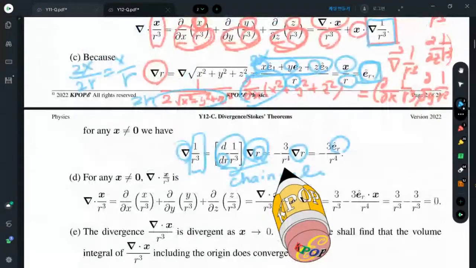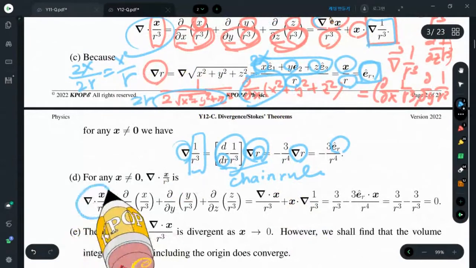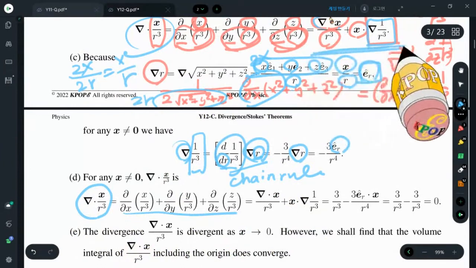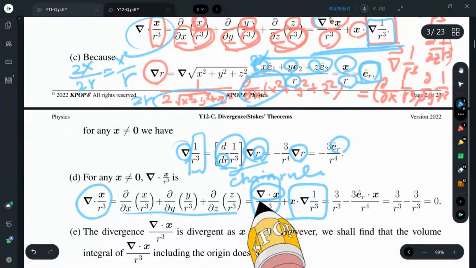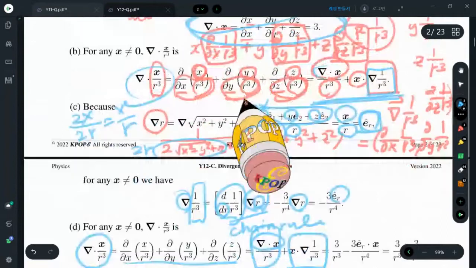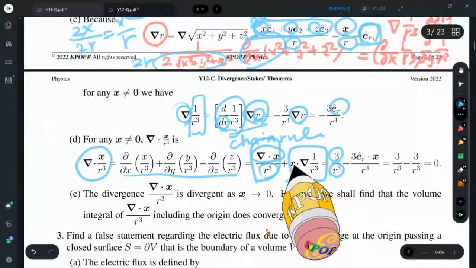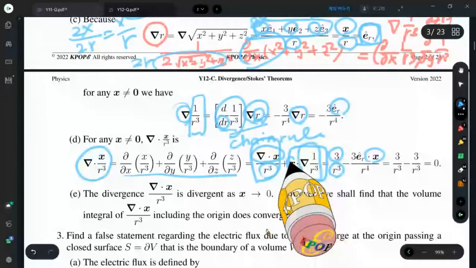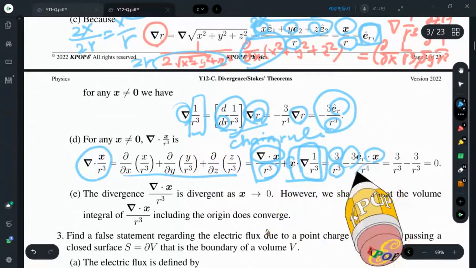All right. Next, we need to consider this, sum everything. This one plus this. The divergence of x, we know, is 3. So we have 3 divided by r cubed, plus the x vector scalar product with the gradient of 1 over r cubed, minus 3 over r to the 4th power.